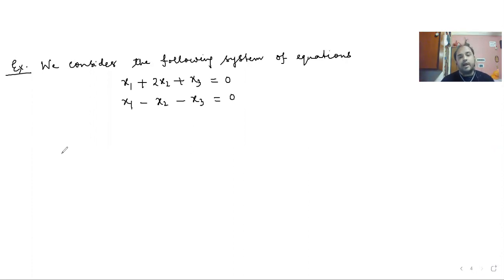We are going to find whether this system has a trivial solution or a non-trivial solution. Obviously, this system is homogeneous. Try to correlate the given system with Ax equal to 0.